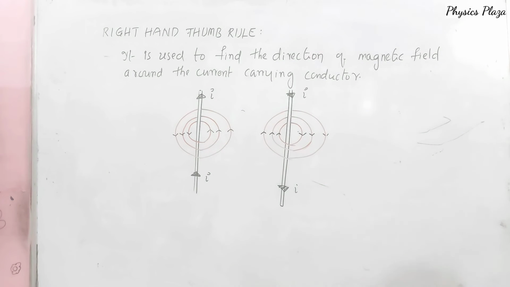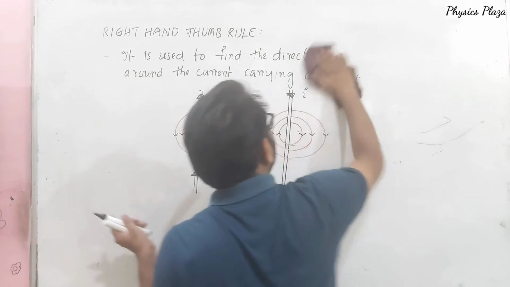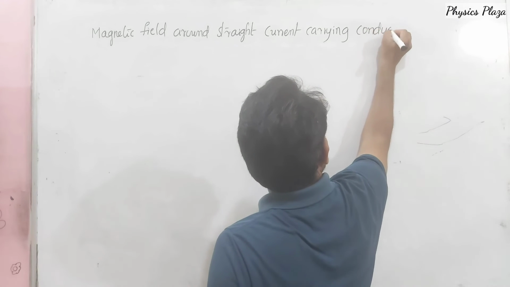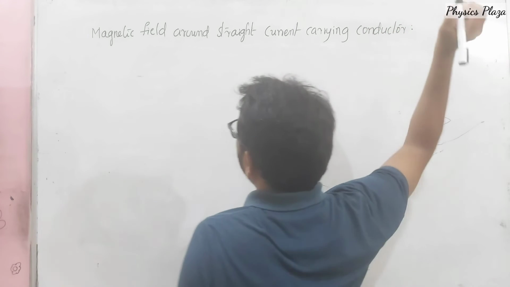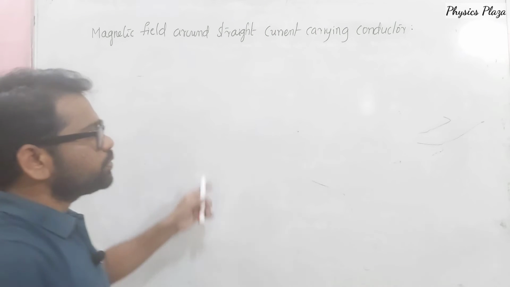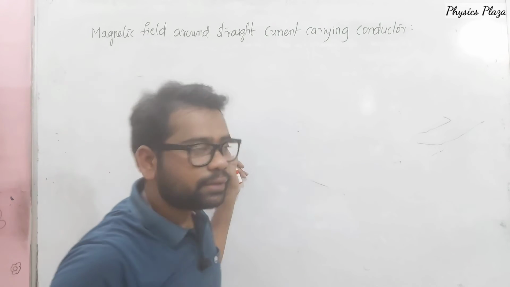Now children, we will see what the magnetic field pattern will be around a straight current carrying conductor. For this, a small activity is there.